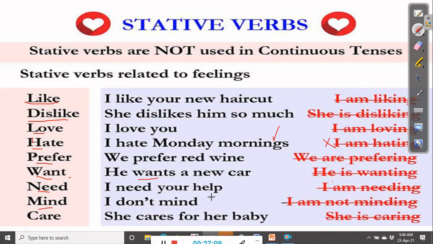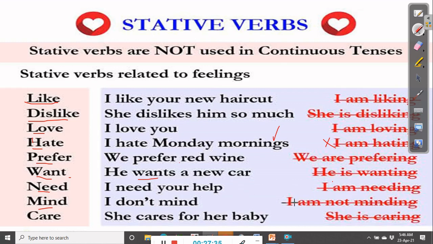Mind. I don't mind, but you cannot say I am not minding. You can say, would you mind if? You cannot say, would you be minding if? Of course, you can see that these verbs cannot be used in continuous tenses. That's one particular thing we have discovered about them.